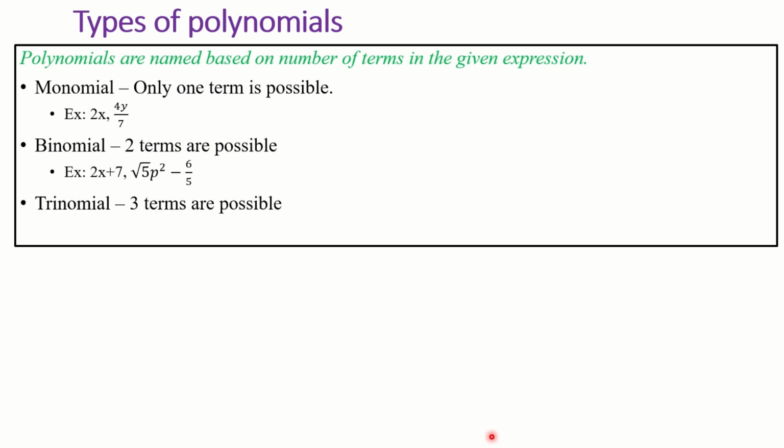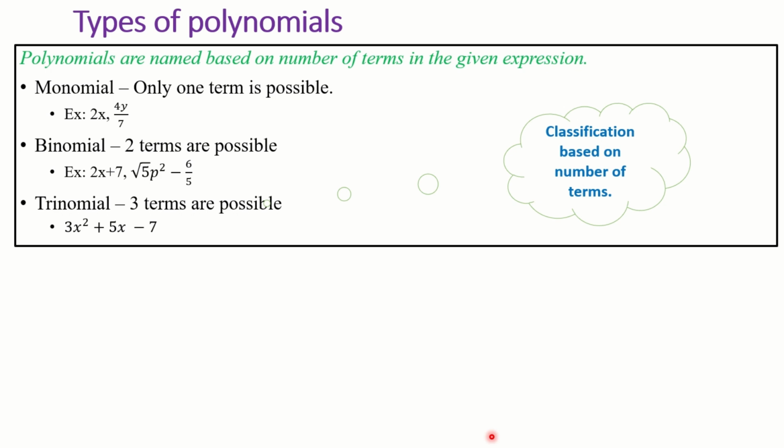Trinomial, you have three terms, like 3x squared plus 5x minus 7. So this is the classification based on number of terms: monomial, binomial, and trinomial. These may mostly come in 10th class objective type questions, so just have the terminology in your mind.